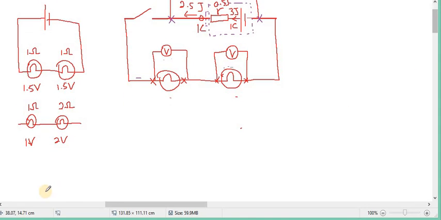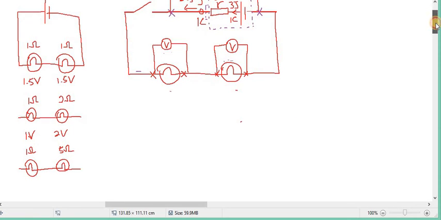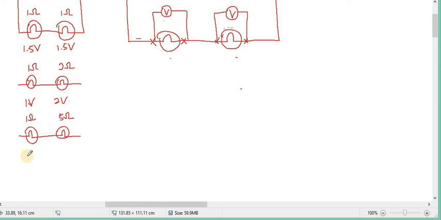What if I change this into 5 ohm? Then what will happen? 1 ohm, 5 ohm. Then this will be 0.5 volt. This one will be 2.5 volt. You see or not? You see, the voltage is divided according to the ratio of the resistance.